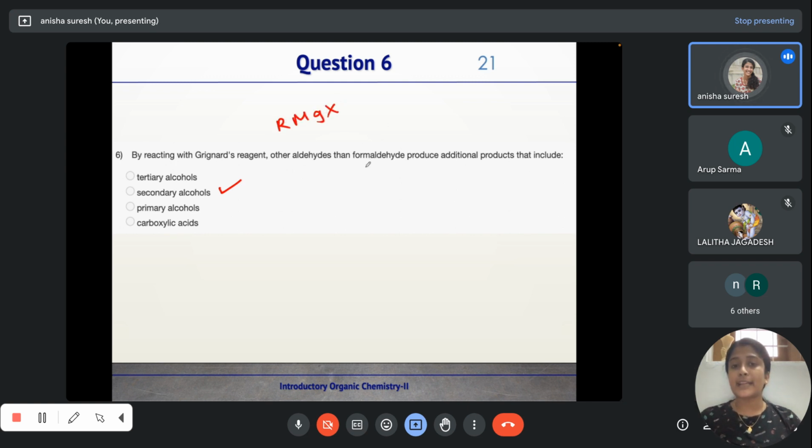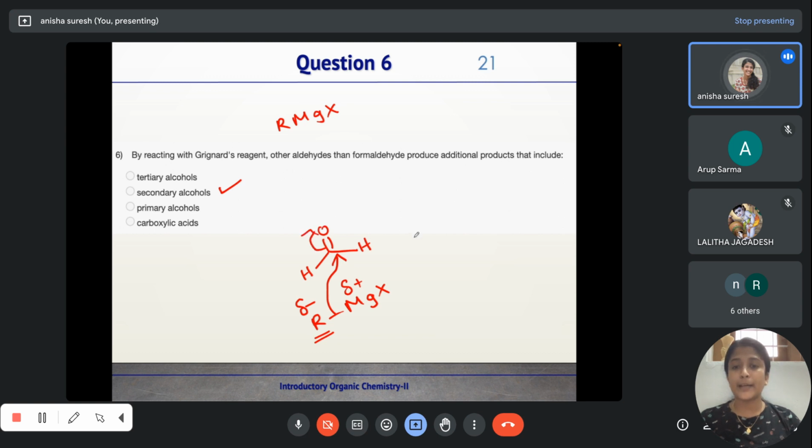So when it reacts with formaldehyde, first let us see what will happen. Formaldehyde is HC double bond O H. In RMgX, the magnesium will have a delta positive charge, and the R group will have a delta negative charge. So it will attack the carbonyl center.